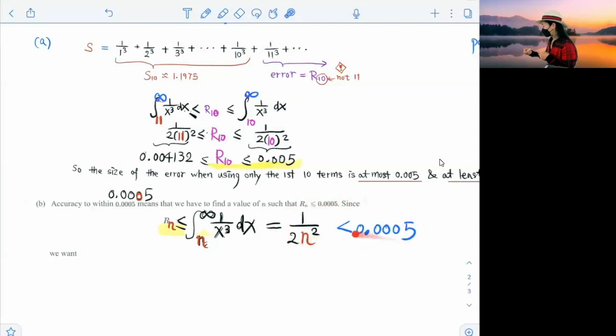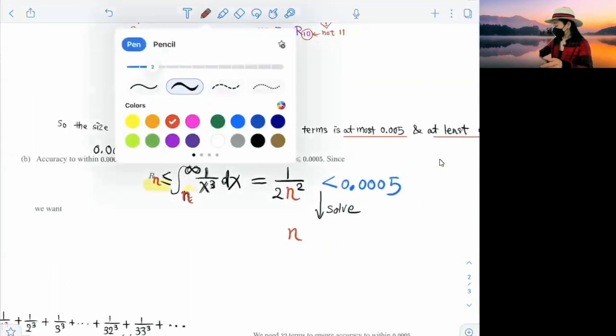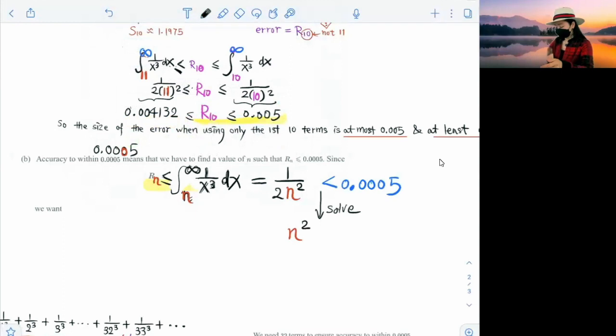Can you solve for n? Multiply both sides by 2n squared. n squared is going to be greater than 1000. Good.